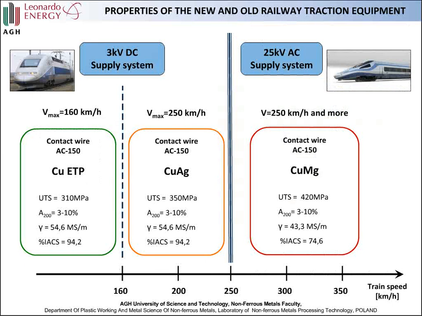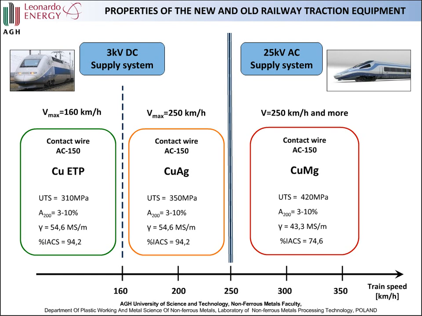Depending on the current supply system and desired speed of the train, we can use different contact wire materials. For 3 kilovolts DC current and train speed up to 160 kilometers per hour, the best solution is typical CuETP copper, which has very good electrical conductivity and sufficient mechanical properties.